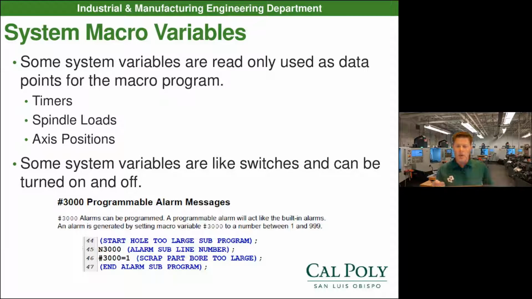Whatever's in parentheses afterwards shows up in the alarm message. So if I needed to generate a custom alarm, I have the possibility of generating up to 999 custom alarms in that Haas control. If I'm writing a macro program, I could tell the operator exactly why it alarmed out and stopped, and give him a specific alarm message. So that's an example of a system macro variable that acts like a switch.